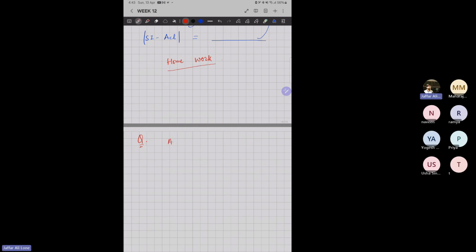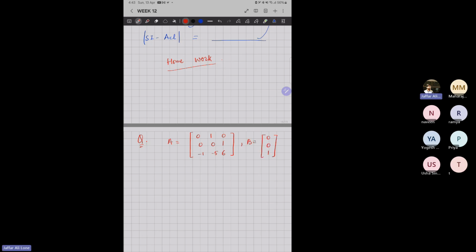Now let's assume you are given a matrix A as [0, 1, 0; 0, 0, 1; -1, -5, 6], and B is equal to [0; 0; 1].